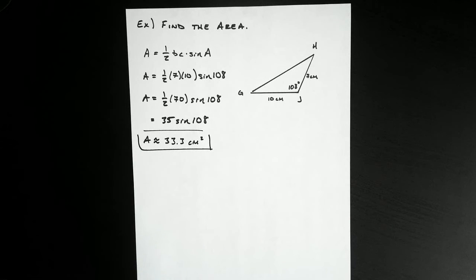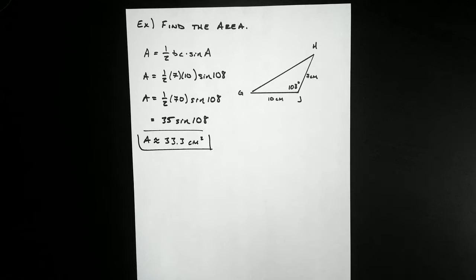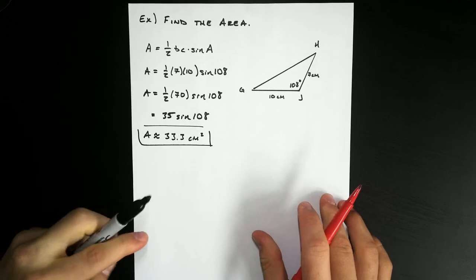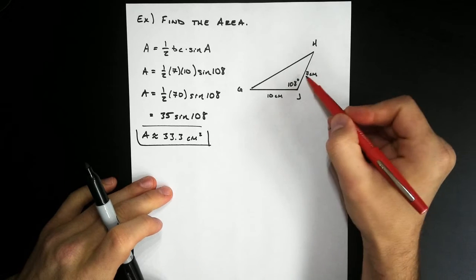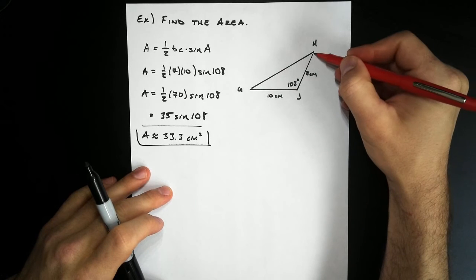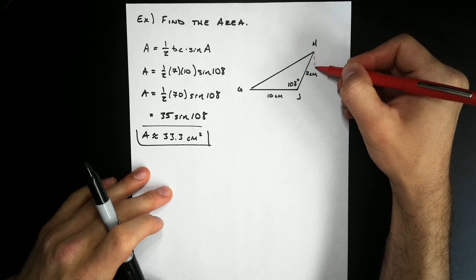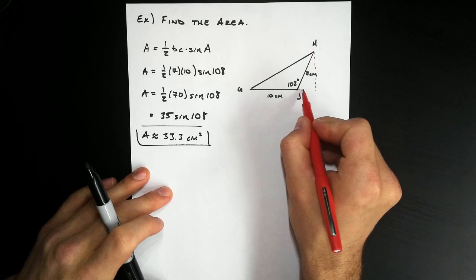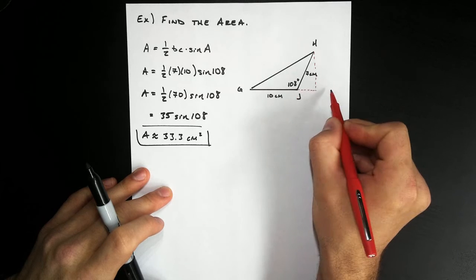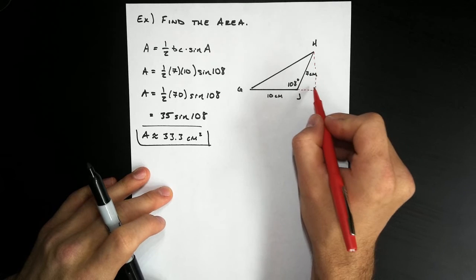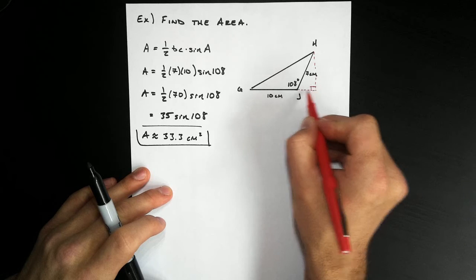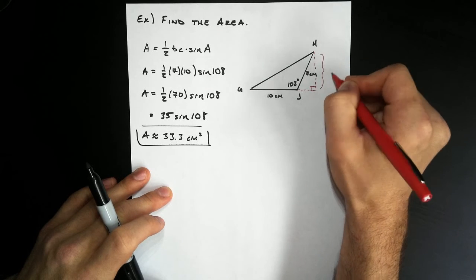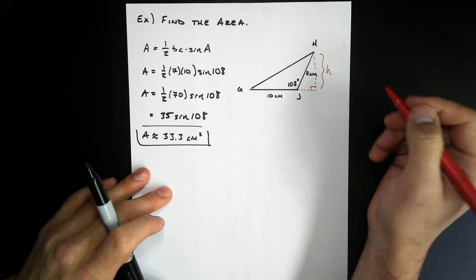Now, to just justify where this formula comes from, or how we know this works, the height of the triangle here, because this is an obtuse triangle, the height is actually outside. Okay, so if I extend GJ, the height is going to make a right angle with the line that includes this side. So here, this is the height of the triangle.